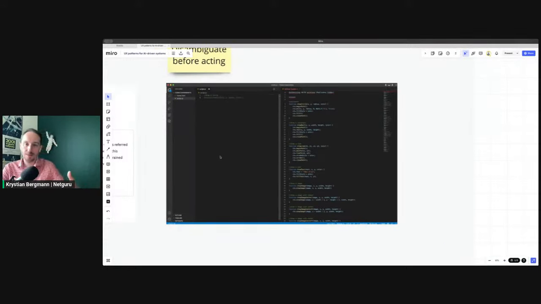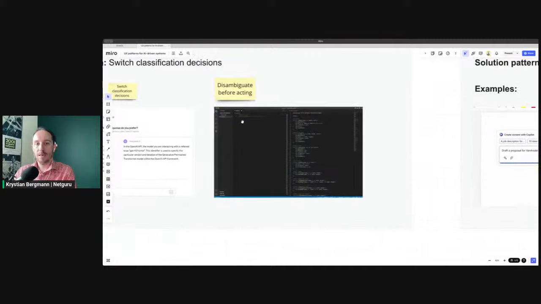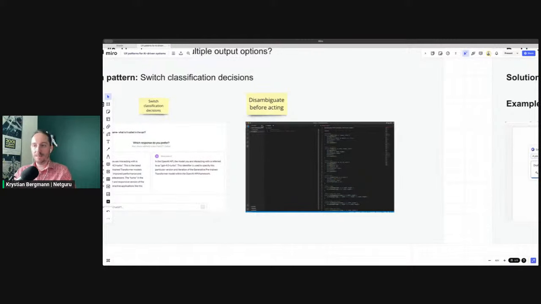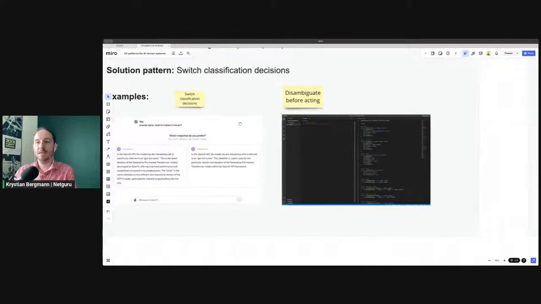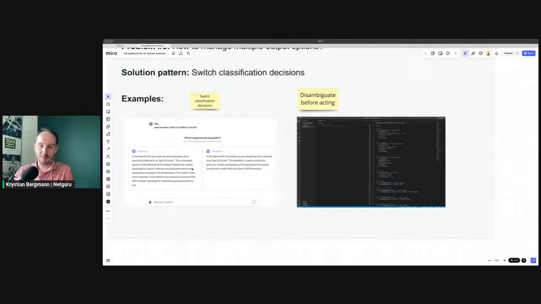So this is literally giving even more than two, giving the user 10 so that they can choose the preferable one. So this is literally disambiguating before acting, right? And switching the classification decisions. So I'm classifying this decision as the better one, so I'm using the better one. So this is very new because you are giving the user the ability to choose the preferable output.